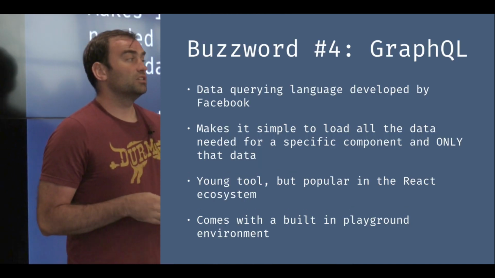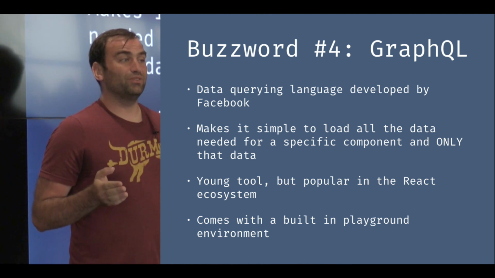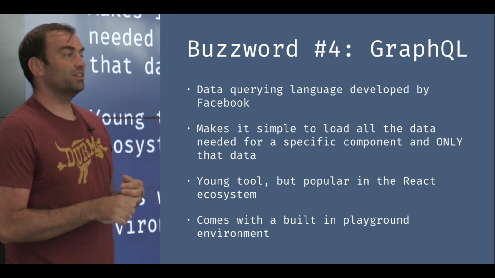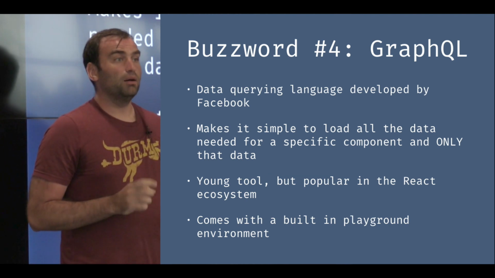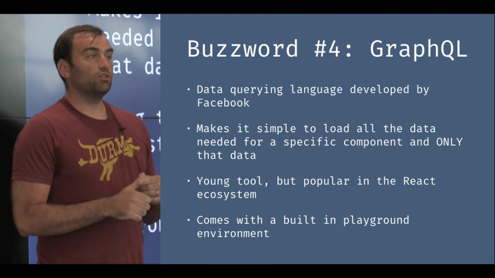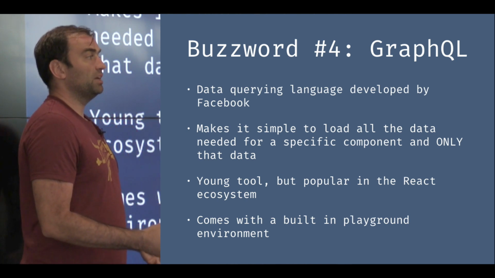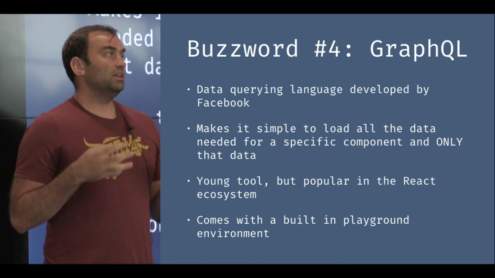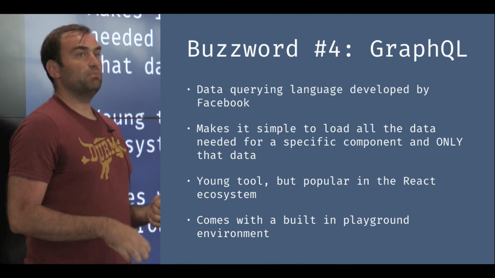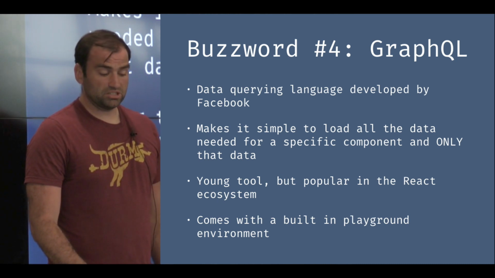Fourth buzzword, GraphQL. So I'm going to guess, great show of hands for you've used GraphQL. I saw you give a talk on it, so I know you have. Yeah, so this is newer and less widespread. GraphQL is a query language developed by Facebook to solve a specific problem, the problem of when you're making API requests, being able to easily get just the data that you need, and without having to make a ton of extra requests, as can happen with REST APIs now.